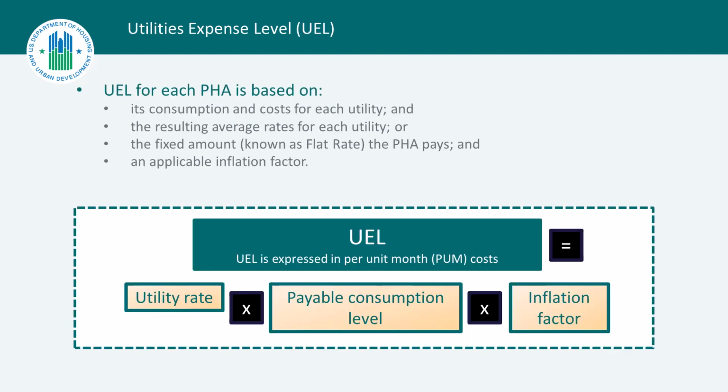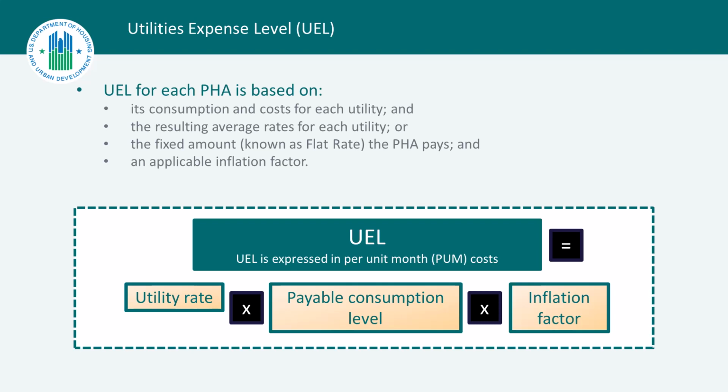The utilities expense level, or UEL, for each PHA is based on its actual consumption and cost for each utility for the reporting period, the average rates for each utility derived by dividing cost by consumption, and an applicable inflation or deflation factor. This methodology does not apply when a utility is billed to a PHA based upon a flat rate.